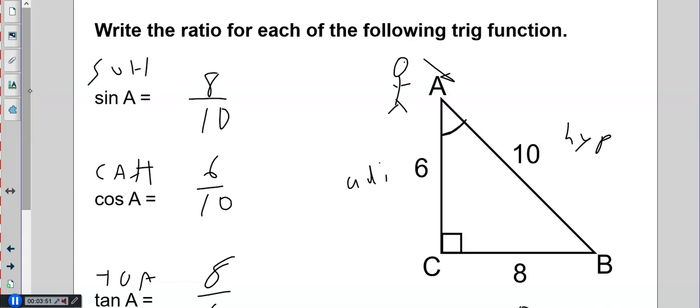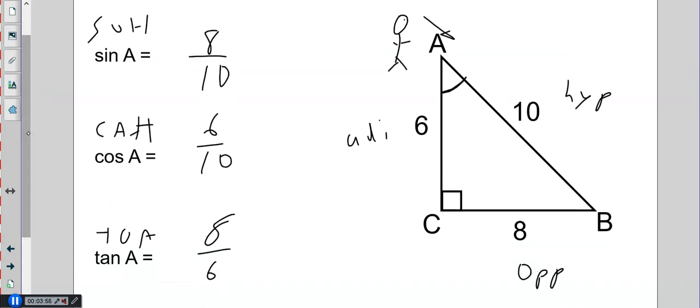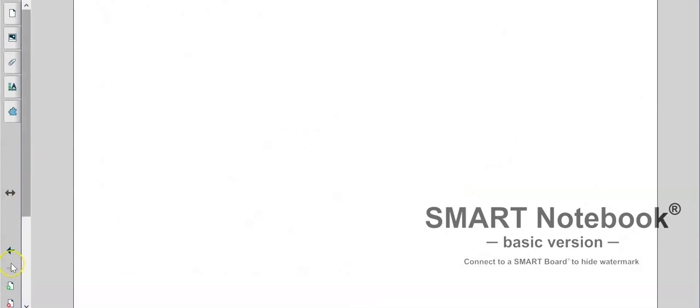And it doesn't say to reduce, so you can just leave them like that. If it did say to reduce, you simply divide 8 and 10 by 2 and get 4 over 5, 6 and 10 by 2 and get 3 over 5, and 8 and 6 would be 4 over 3. And that's it. And that is it for that review.